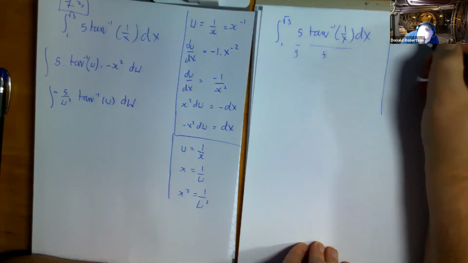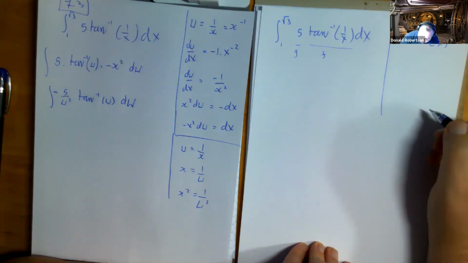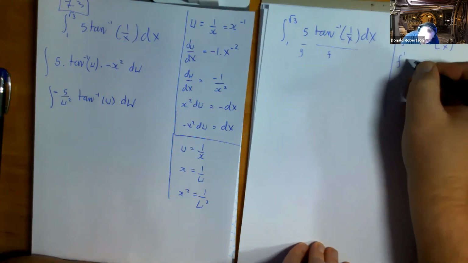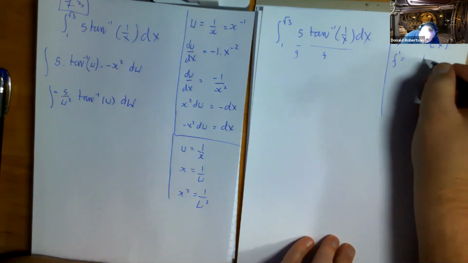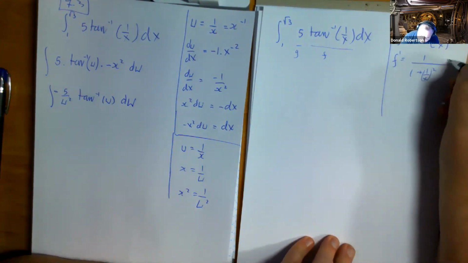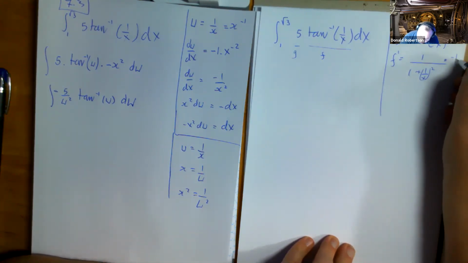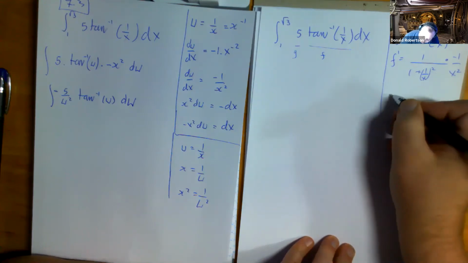So I don't normally do this, but there's F, right? Now, if you want to differentiate F, it's going to be 1 over 1 plus 1 over x squared times the derivative of 1 over x, which is negative 1 over x squared.